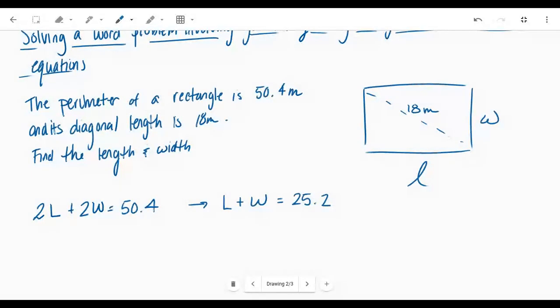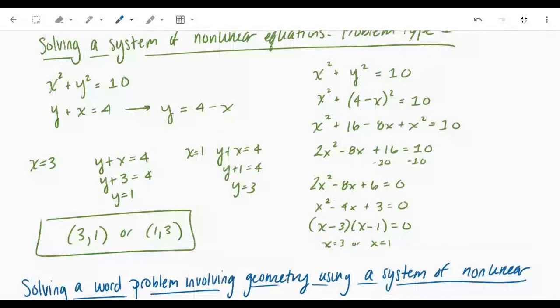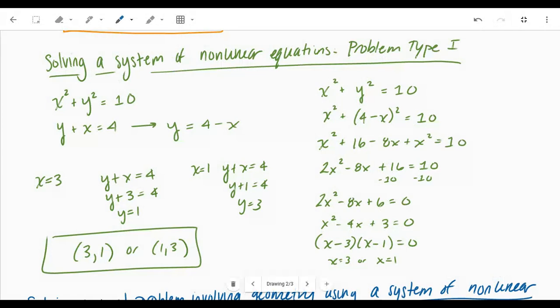It's diagonal. So that's your Pythagorean theorem there. L squared plus W squared equals 18 squared. So then it's basically like the problem that we just did up here, right? We had x squared plus y squared equals 10. Now we have L squared plus W squared equals 18 squared.